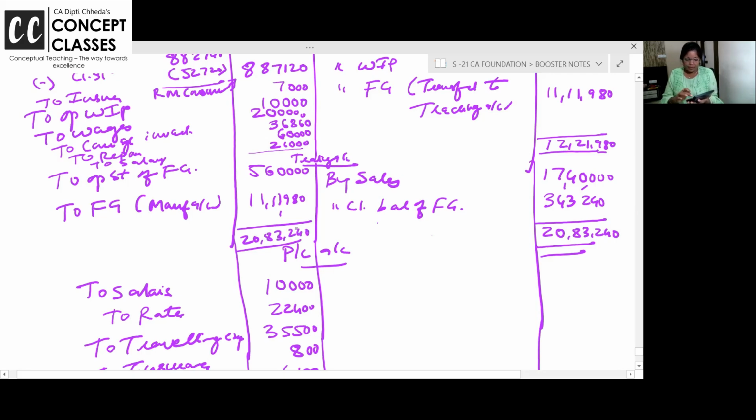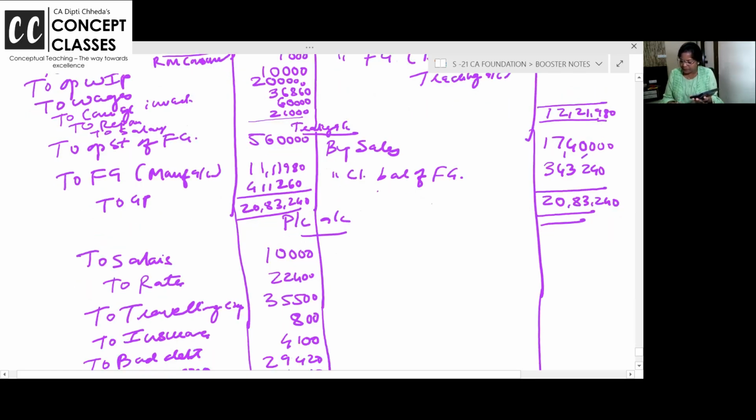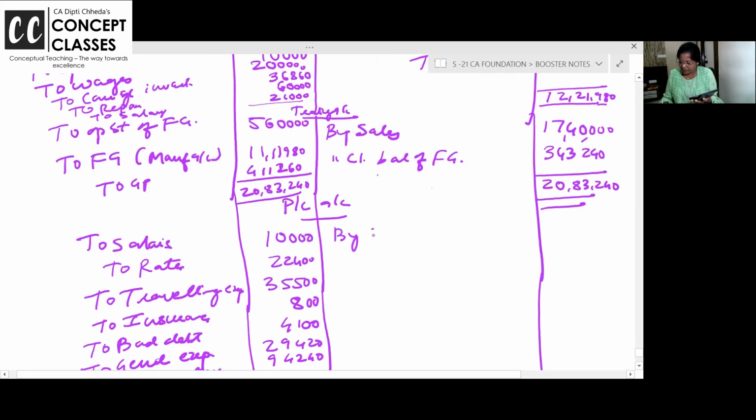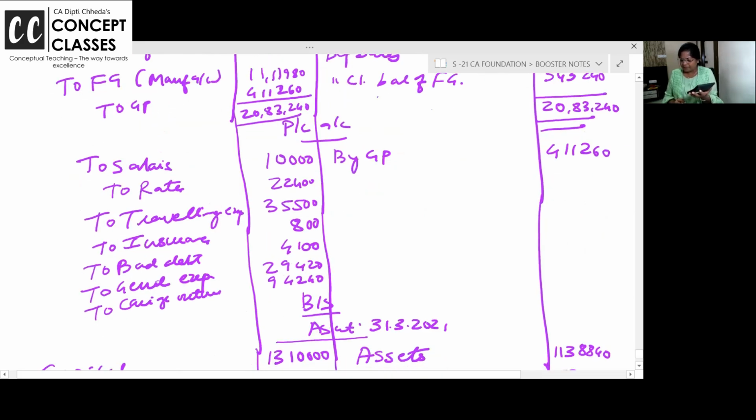Minus 560 minus 11 lakhs 11,980. 4,11,260 is the GP.